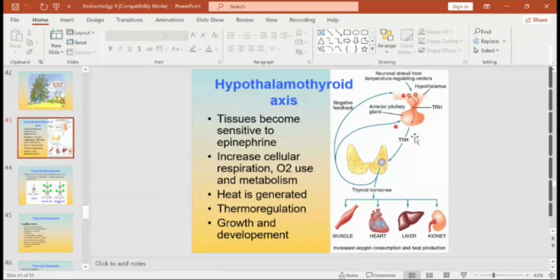The effect of sensitizing them will lead to an increase in respiration and the consumption of oxygen, and later an increase in metabolism. Once metabolism increases, heat is produced as a byproduct, and the body temperature will be maintained at the normal range that we know of, about 35 to 36.7.